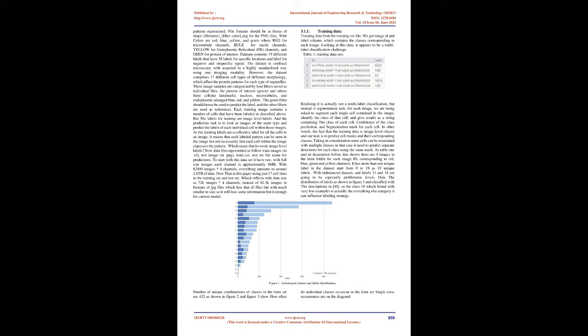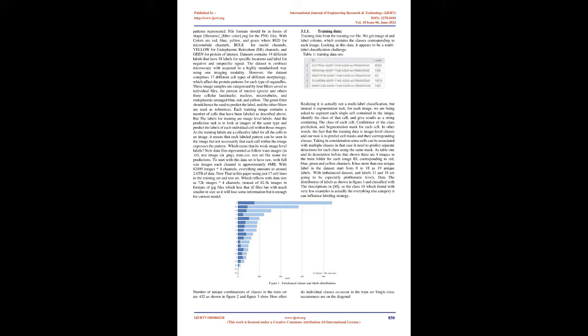This paper uses just 17 cell lines in the training set and test set, which reflects a data size of 72K images times 4 channels, instead of 82.5K images, in JPG format, which is smaller than TIF files but much smaller in size, so it will lose some information but is enough for the current model.